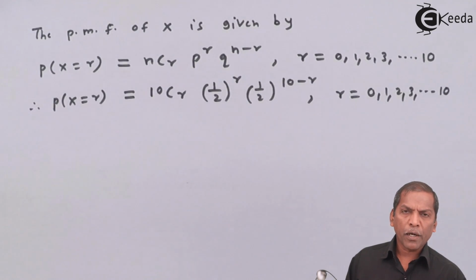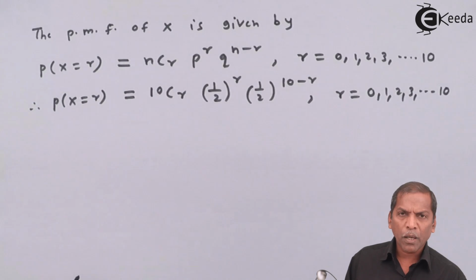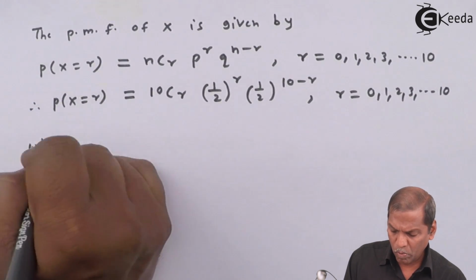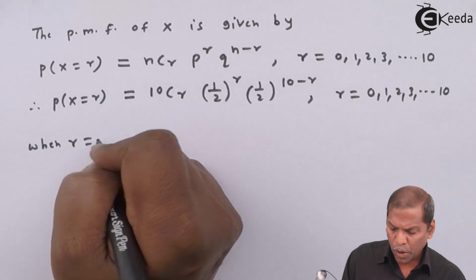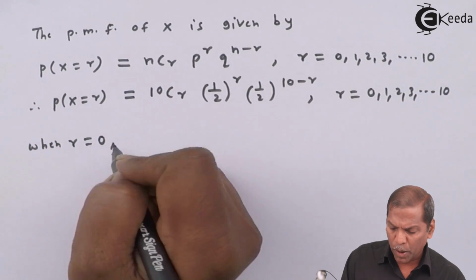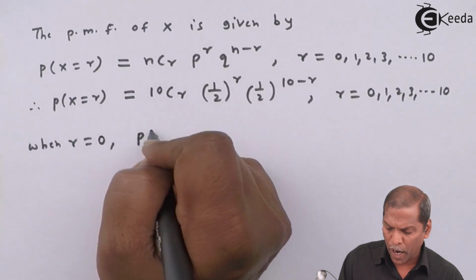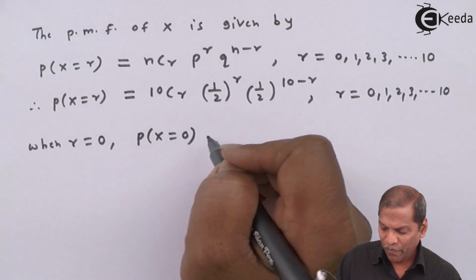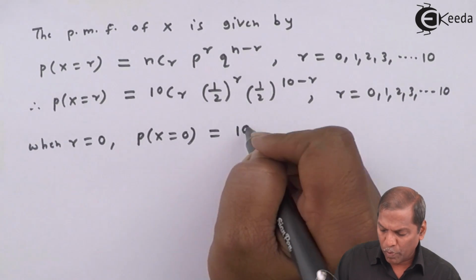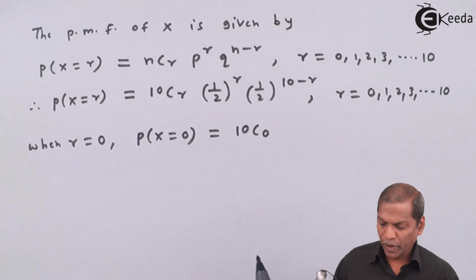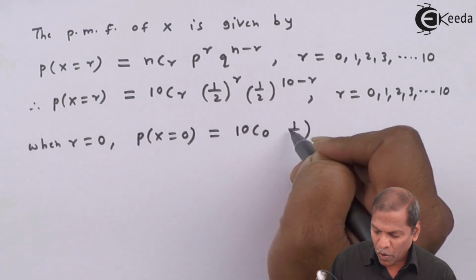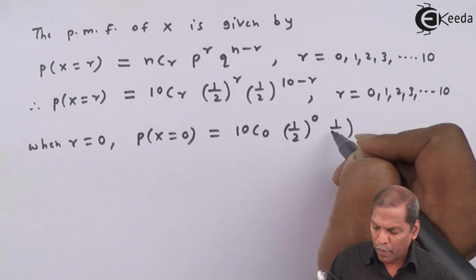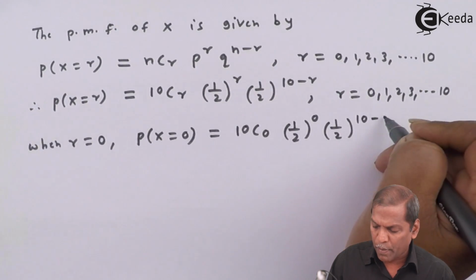Now first we consider the value of r, that is 0. So when r is equal to 0, we have probability x is equal to 0 is equal to 10C0 into 1 by 2 raise 0 into 1 by 2 raise 10 minus 0.